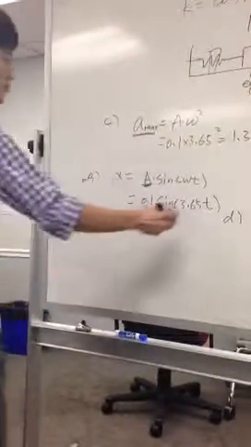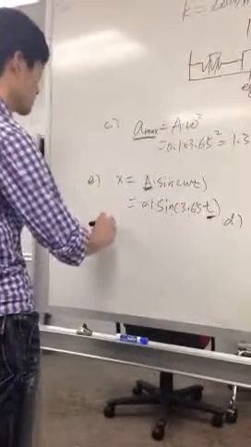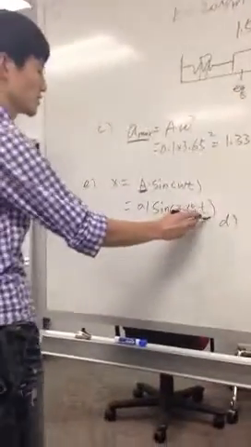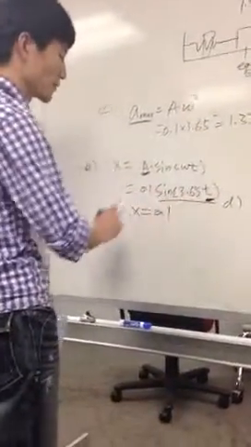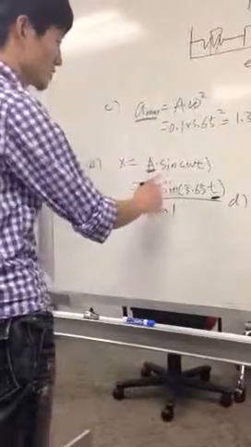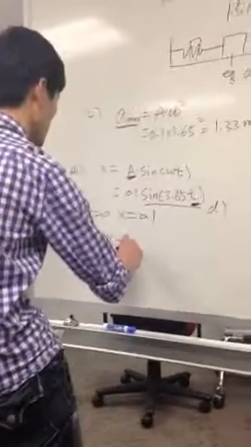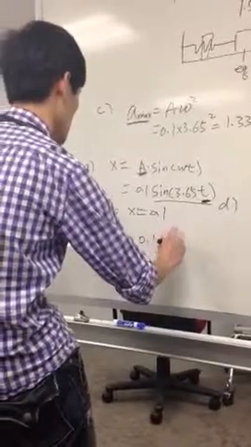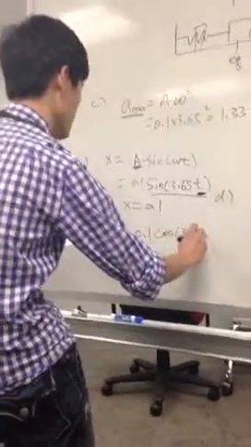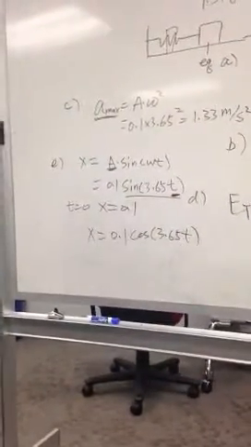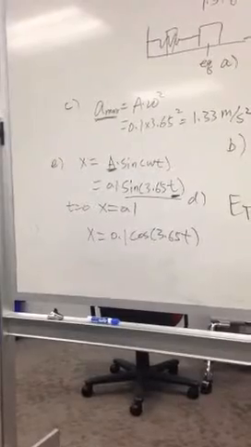And the other thing is we need to know when t is equal to 0, x is 0.1. So when t is 0, here should be 1. So we just need to change sine to cosine. So actually here is 0.1 cosine. Okay, that's the equation.